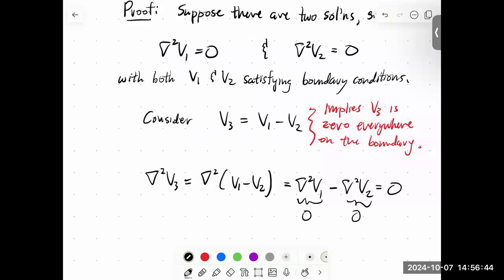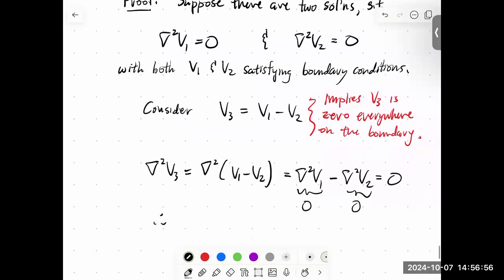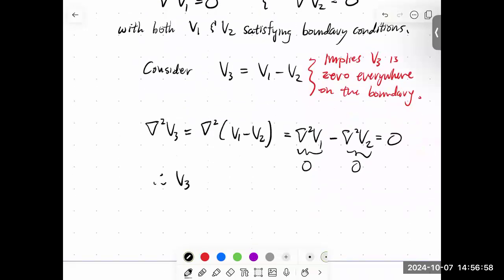All right, so we know that V3 is 0 everywhere on the boundary, and it's a solution to Laplace's equation. So therefore, V3 satisfies Laplace's equation.